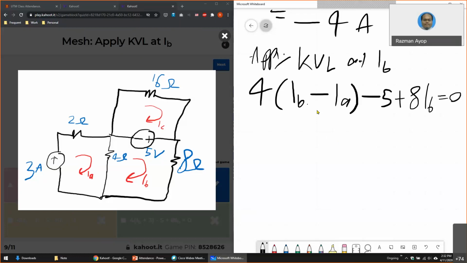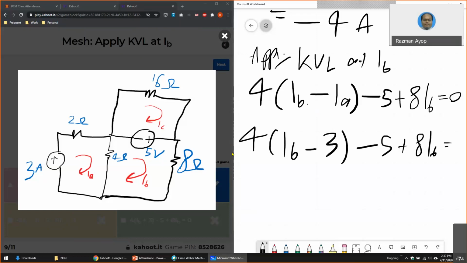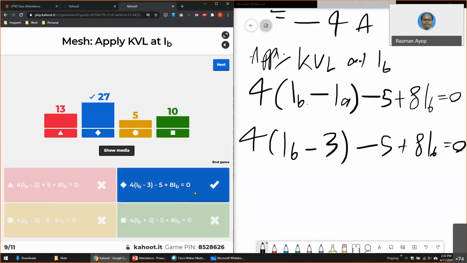You don't have to rearrange for this question. Then IA, you have the answer from before. So IB minus 3 minus 5 plus 8 IB equals 0. So you get the answer.